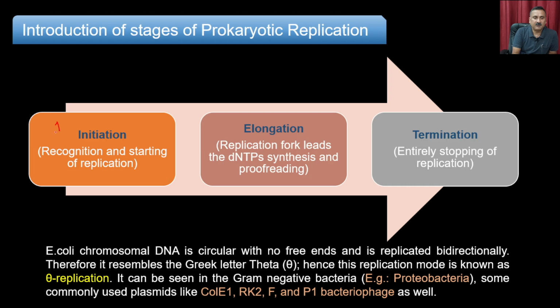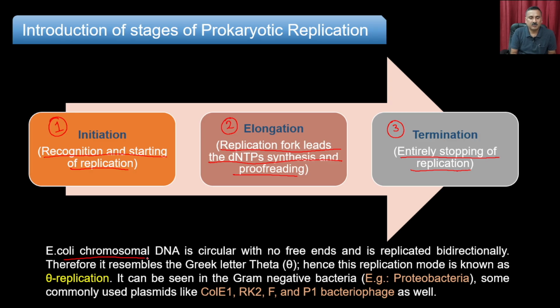The first stage is called initiation, the second stage is called elongation, and the third stage is called termination. The first stage involves the recognition and starting of replication. Then in elongation, the replication fork leads the dNTP synthesis and the proofreading, and the third is termination, where you have the stopping of replication.